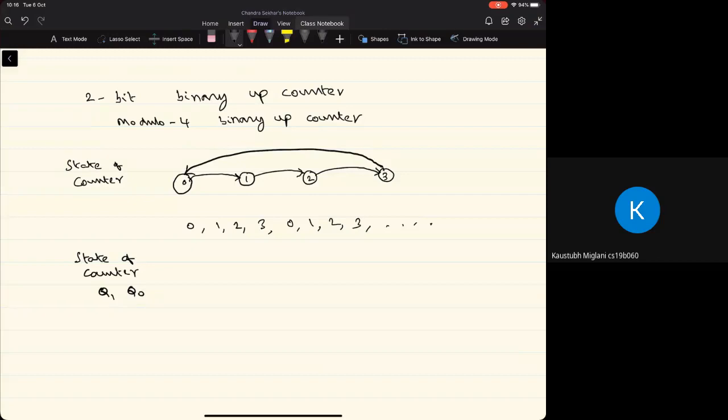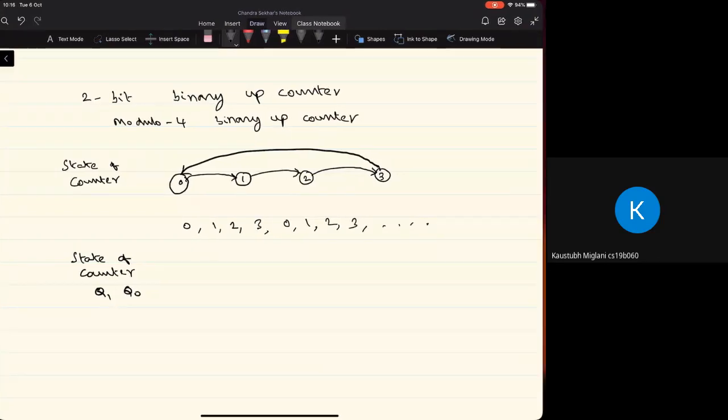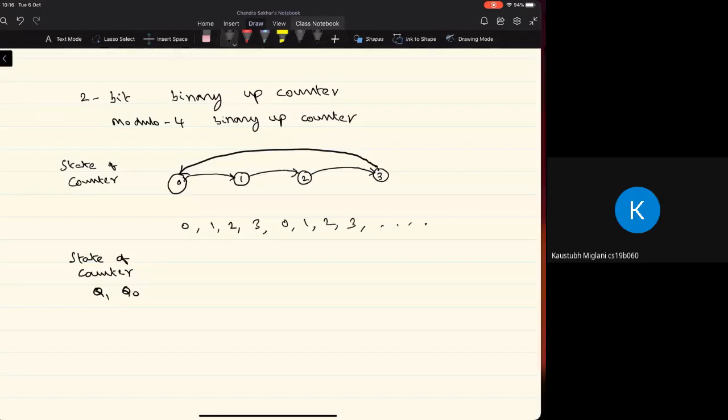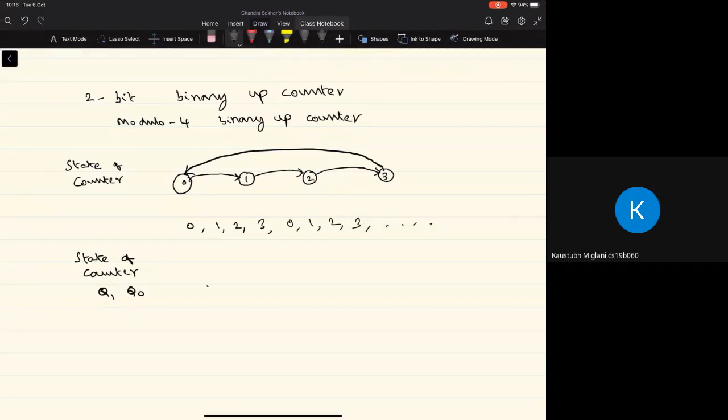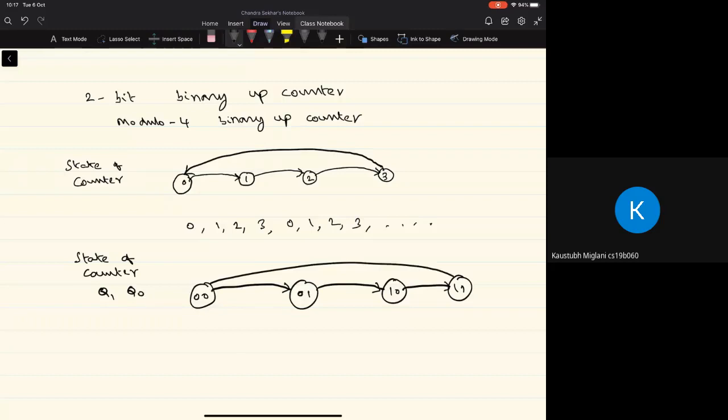Then the 0th flip-flop state will be indicated as Q0. The state of flip-flop 1 will be indicated as Q1, right? So then what we are going to have as the state transition diagram is the values of Q1 and Q0. Obviously the first bit here indicates the value of Q1, and the second bit indicates Q0.